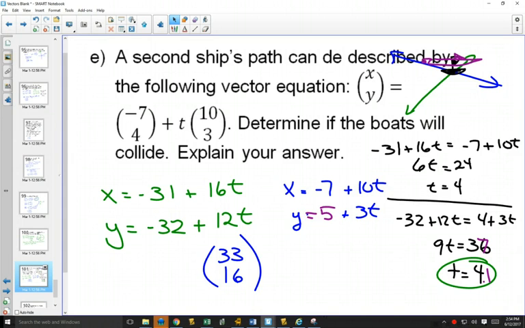Because you have both of the formulas put together. And the reason that's important is we could be at the same x coordinate and different y coordinates, and we could wave at each other, but we wouldn't crash.